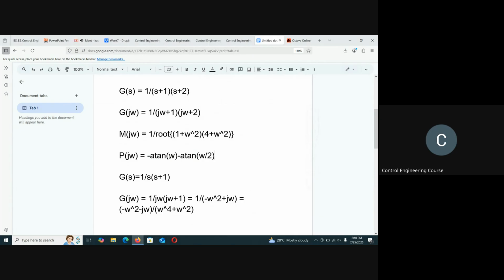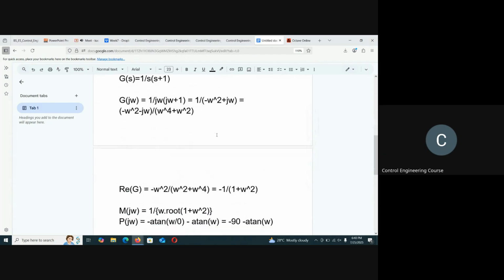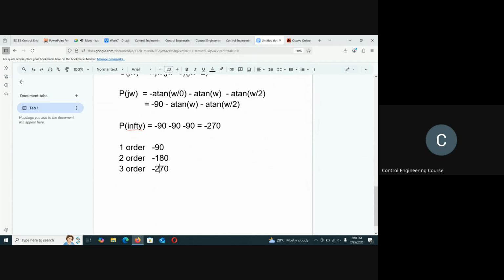Of course, when one of the poles is at the origin, it starts at -90, but it doesn't matter whether it starts at 0 or at -90. Eventually, it goes to -180 if the order is 2. But if the order is 3, here it starts at -90 because one of the poles is at the origin, but the value it tends to is always -270. So you can always see a pattern here. So for order n, what can you guess?